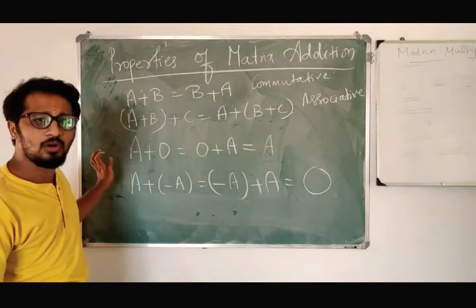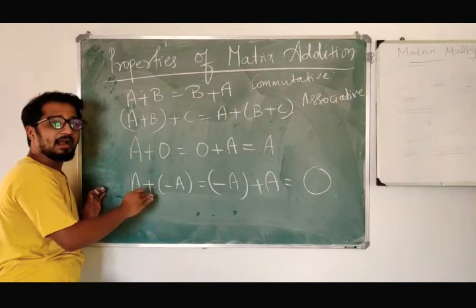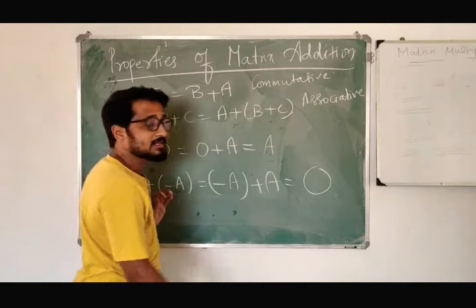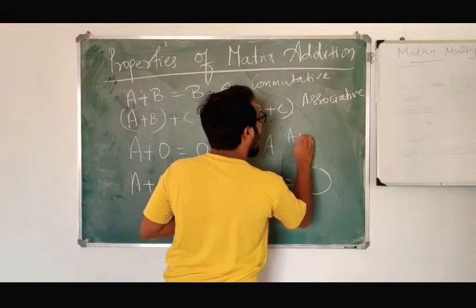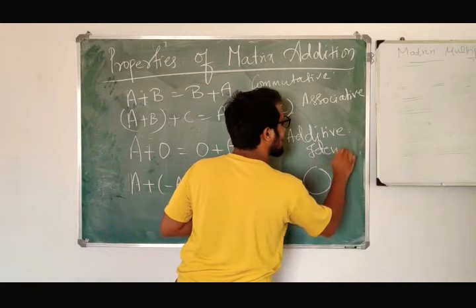That means 5 plus 0, 5. 3 plus 0, 3. The same thing: if you take any matrix and add a null matrix or zero matrix, you will get the same matrix. This property is known as the additive identity property.